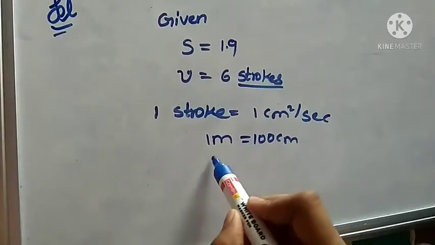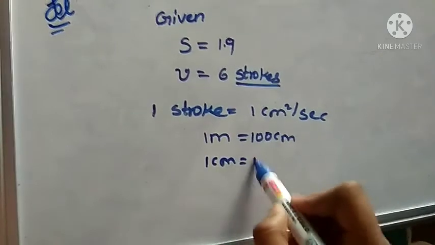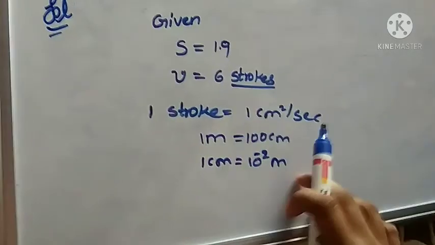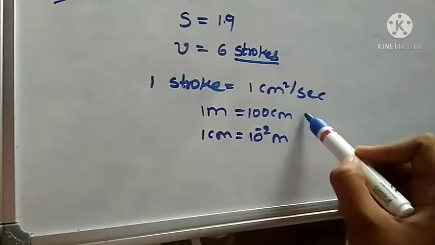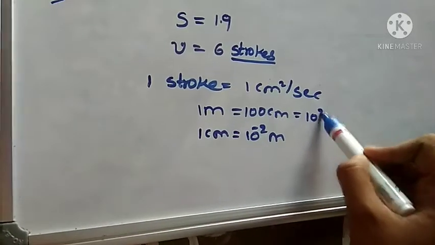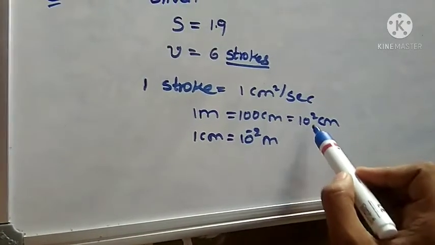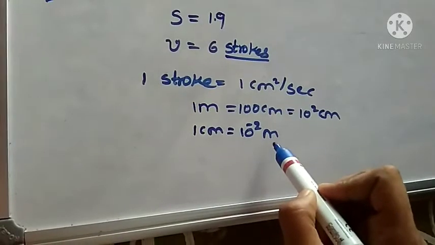So 1 meter equal to 100 centimeters, so 1 centimeter is equal to 10 to the power of minus 2 meters. Is that clear? Why? Because 100 is going there. For our simplification, 100 means 10 square centimeter, so whenever 10 square is going to the LHS side, then 10 to the power of minus 2 is there.